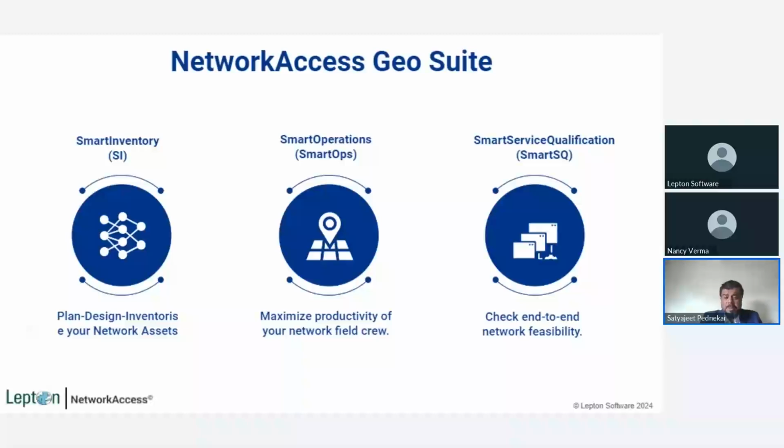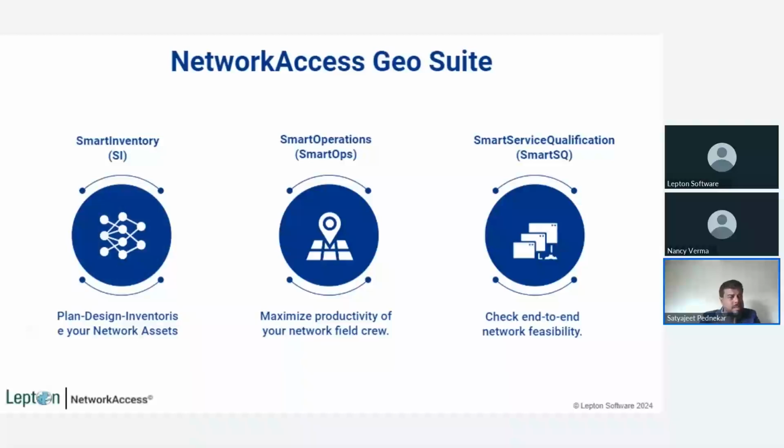So to revise, these are the 3 different modules of the Network Access GeoSuite. And as I said, Smart Inventory is the module we will currently focus on for this particular webinar.